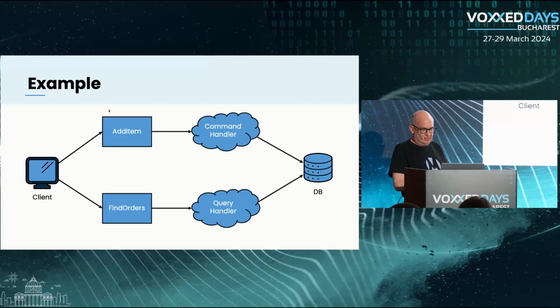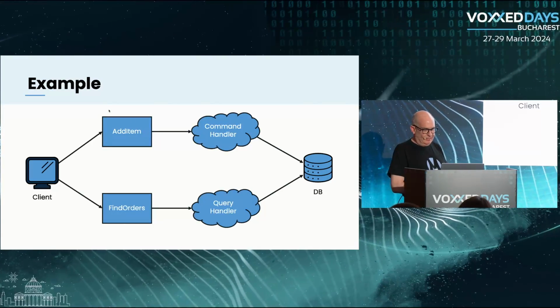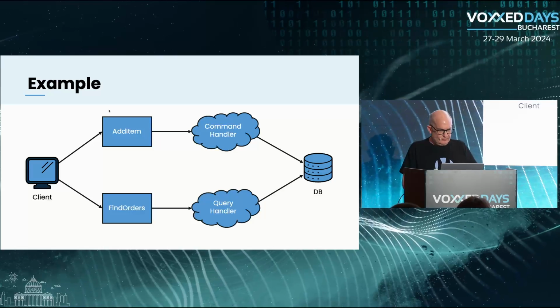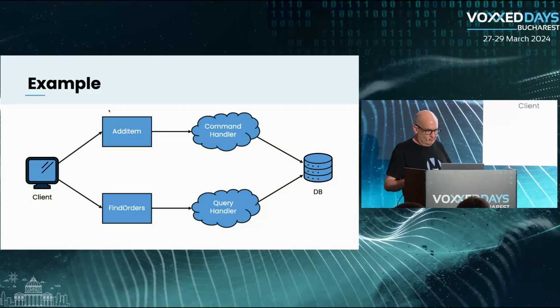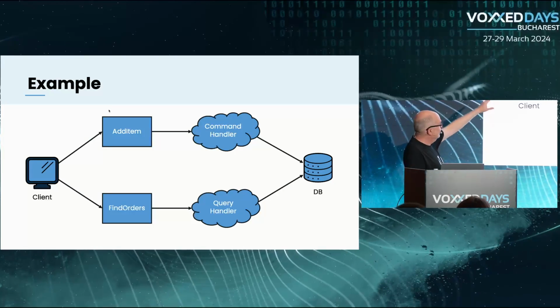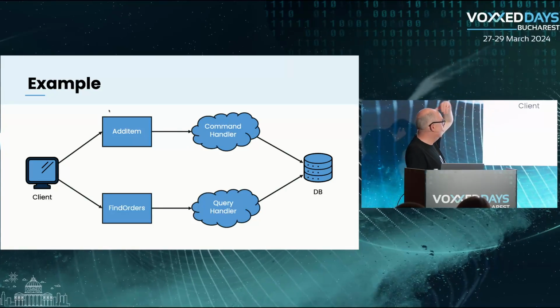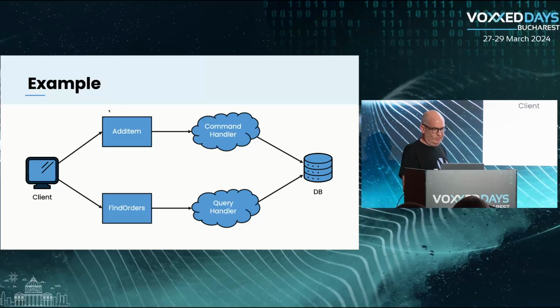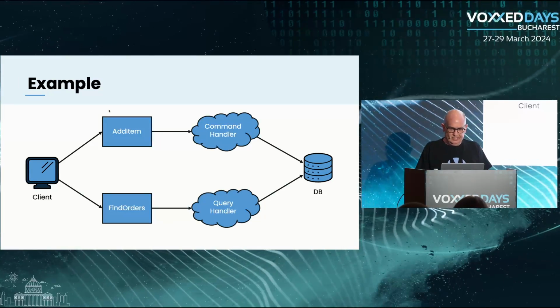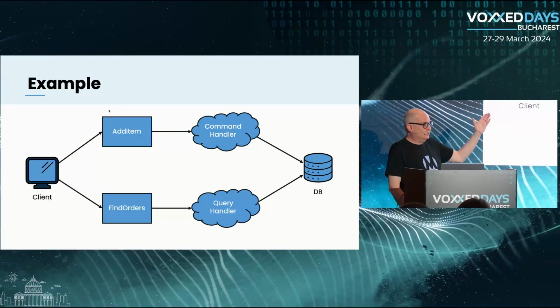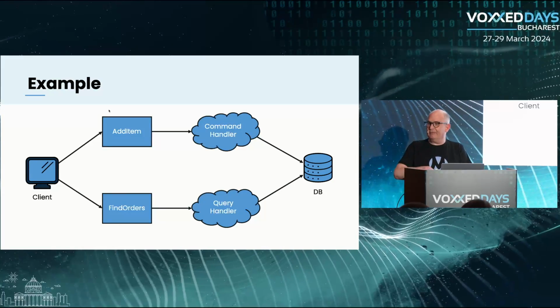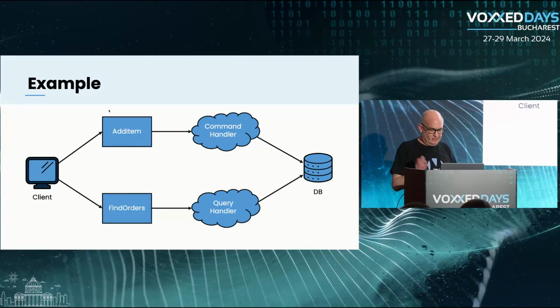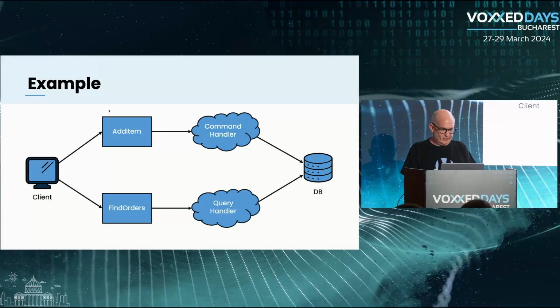And how could that look? Here we have an example. In the upper part of the slide, you see a command. It's called add item. We will see what it does in a minute. And what we need there is something like a command handler. We will see how we can do that with modern Java, for example.